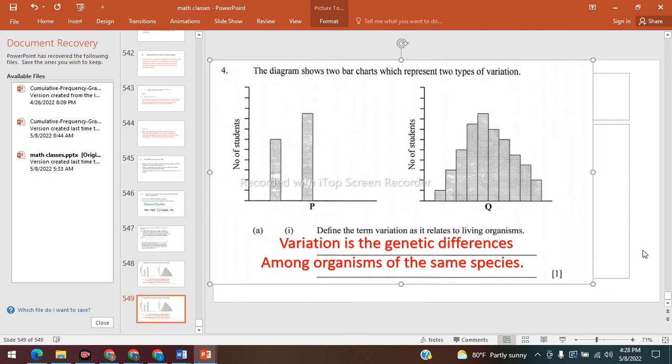Certain variation examples would be like eye color. So people with blue eyes versus people with brown eyes, stuff like that. It even works across species too.